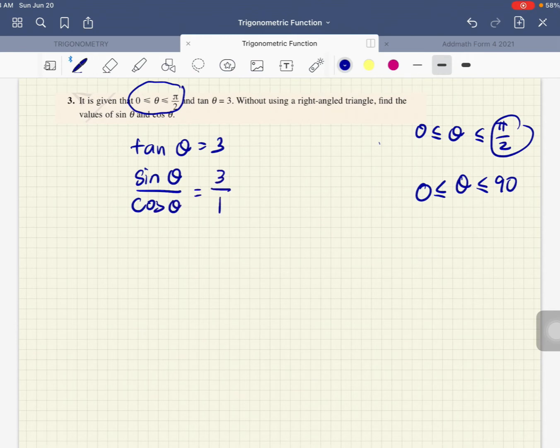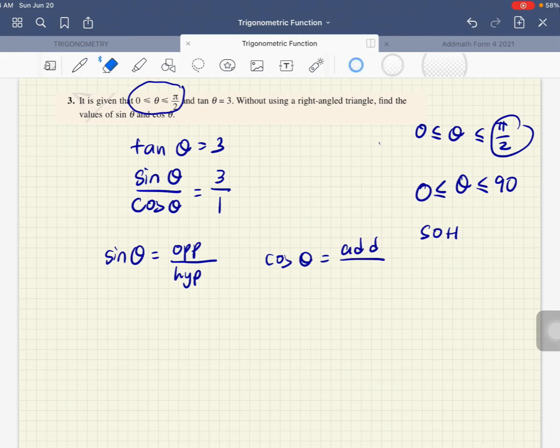Because the question said without using the right angle triangle, we know that tangent is opposite over adjacent, sine theta is opposite over hypotenuse, and cos theta is adjacent over hypotenuse.